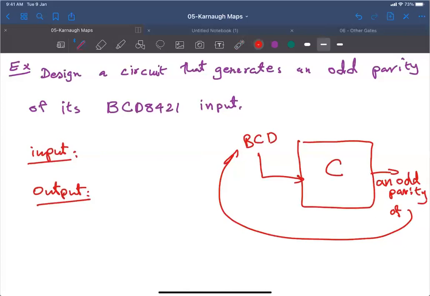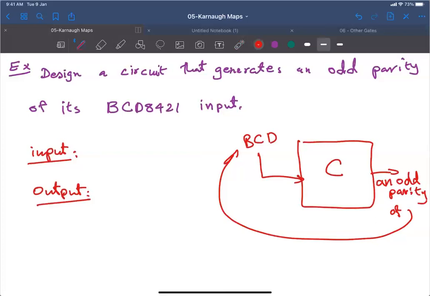Odd number of ones. Yes, so you generate an additional bit to the BCD such that the total number of ones, including the parity bit, will become what? Odd. Excellent.